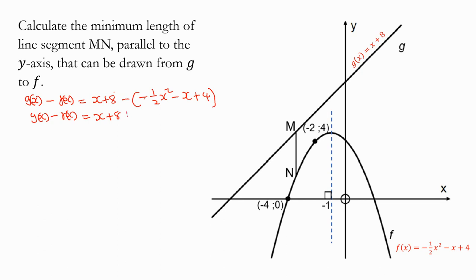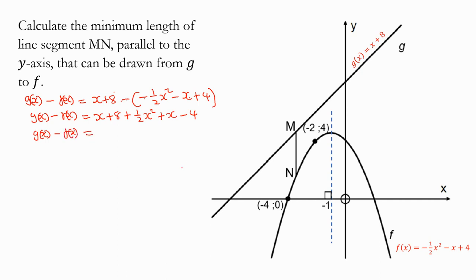Negative times negative is positive, so it's positive half x squared. Negative times negative is also positive, so the negative and positive is negative. Now we can collect the like terms and simplify our difference, g of x minus f of x.